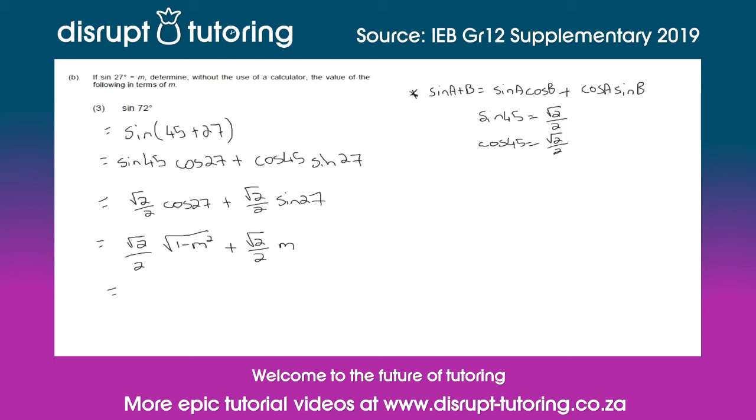And we can bring out the like terms here. So we get a final answer of root 2 over 2 times the square root of 1 minus m squared plus m. And that's the final answer for that one.